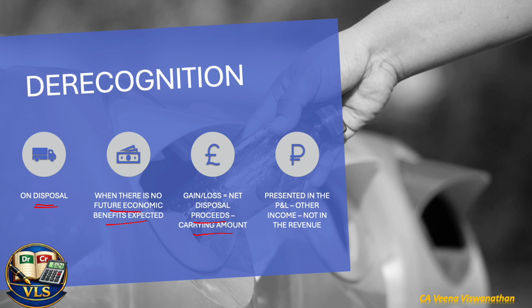This difference is recorded as gain or loss in the profit and loss as other income, and it is not recorded as revenue. So, in simple terms, derecognition means removing the asset from the balance sheet and recognizing any gain or loss that arises from its disposal or retirement.